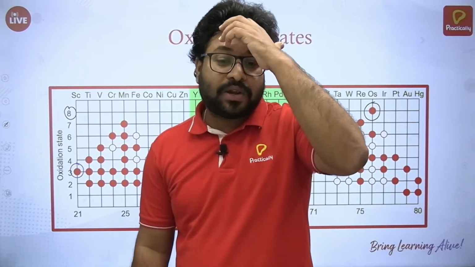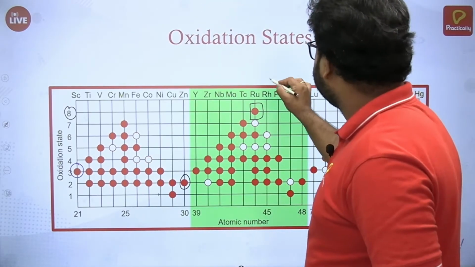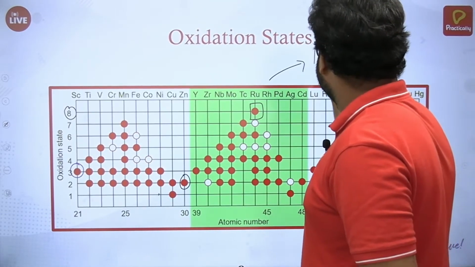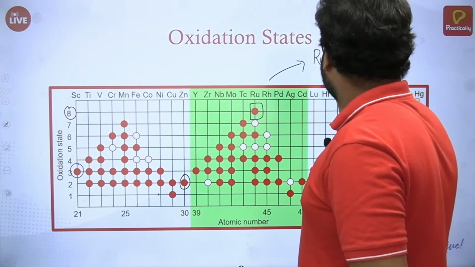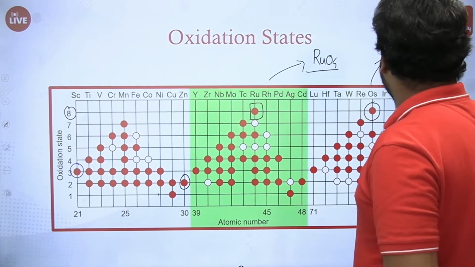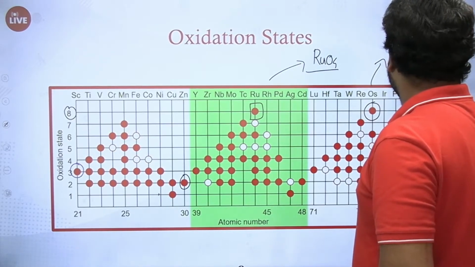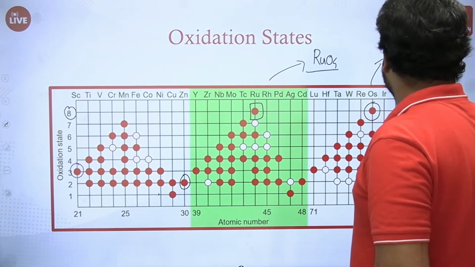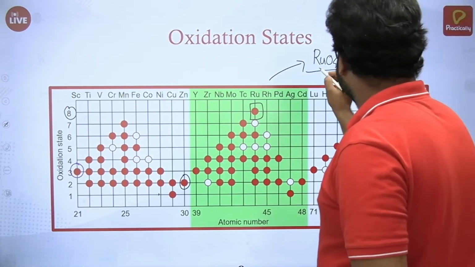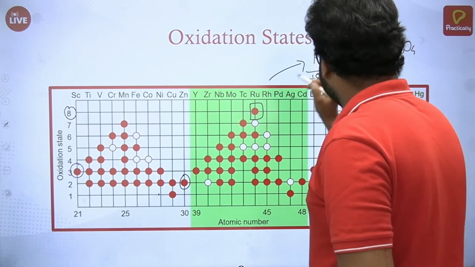And ruthenium and osmium show this highest oxidation state only and only with oxygen. That means ruthenium forms the tetroxide RuO4, and osmium also forms OsO4. The oxidation state is +8.